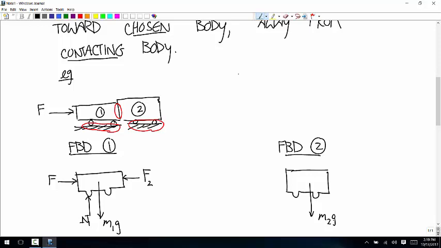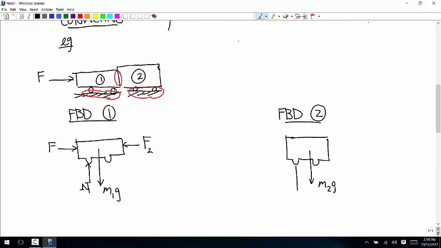And I'll start at the wheels and then work around the boundary counterclockwise again. So at the wheels, there's a pushing contact from the ground. That's also up toward the chosen body. I'll call that N2.